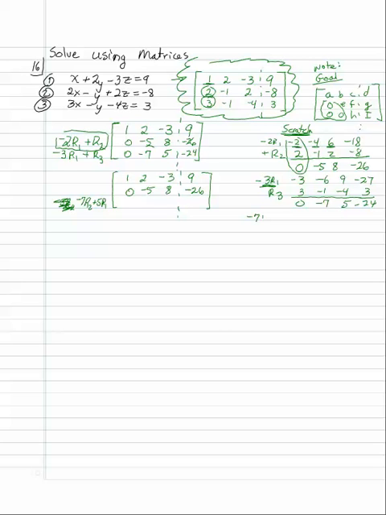So negative 7 row 2 is 0, 35, negative 56. Okay, calculator for that one, 26 times 7, 182, negative times the negative is positive.